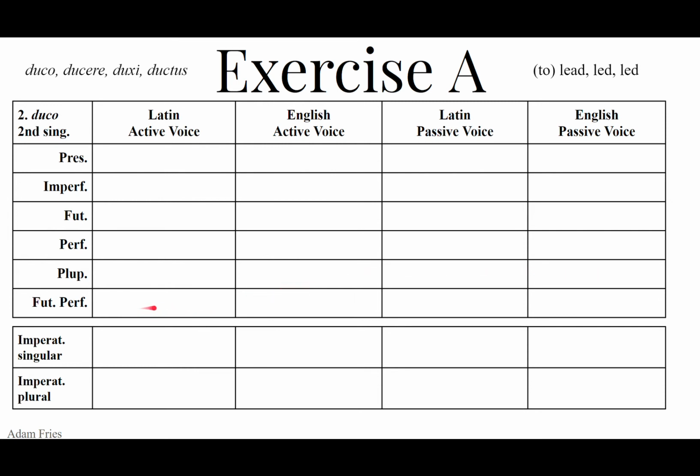Future perfect active would take dux and then add eris. Duxeris. You will have led. And then the passive would be ductus eris. You will have been led.